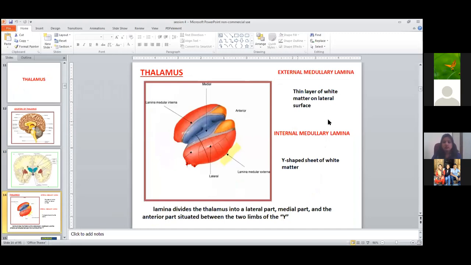The thalamus is divided into many nuclei by two laminae, called the external medullary lamina and the internal medullary lamina. This Y-shaped lamina divides the thalamus into a lateral part, medial part, and anterior part. In these three parts, you find several nuclei.